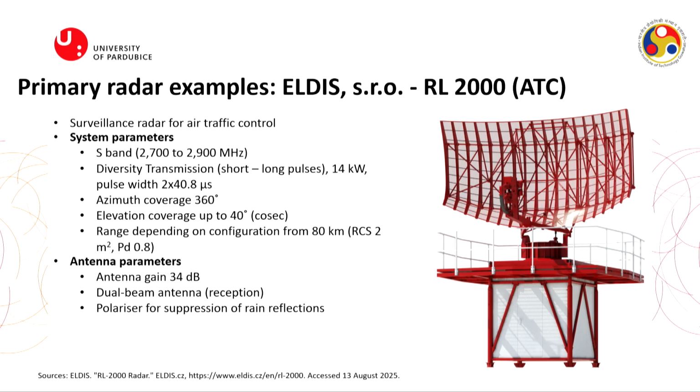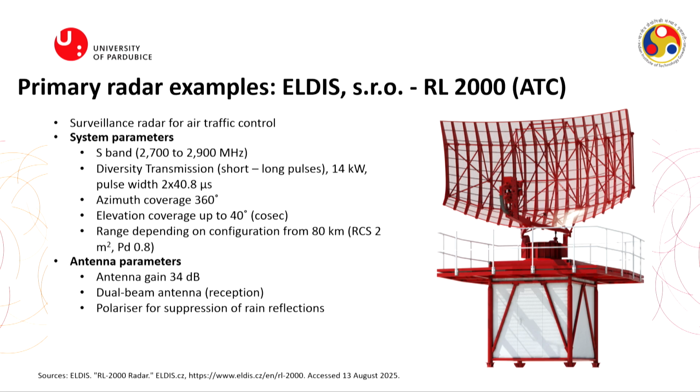There is an example I will show, which I already showed you in the first lecture: an example of a typical primary radar system. I put it again because there are also system parameters. This radar system from the company L02, which I suspect is also in Guwahati, works in S-band.